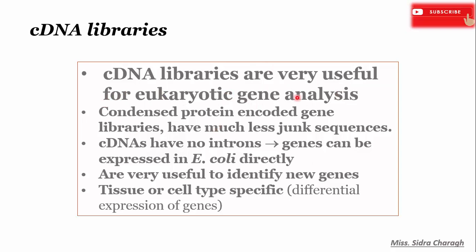Condensed protein encoded gene libraries have much less junk sequences, and cDNA has no introns, so genes can be directly expressed in E. coli cells. And cDNA libraries are very useful to identify new genes in a tissue or cell type.